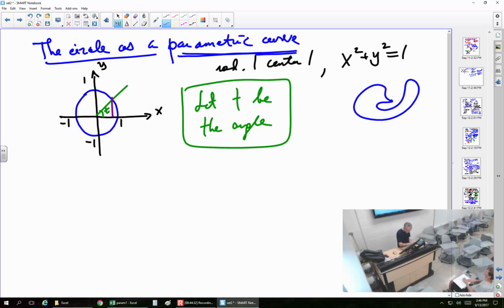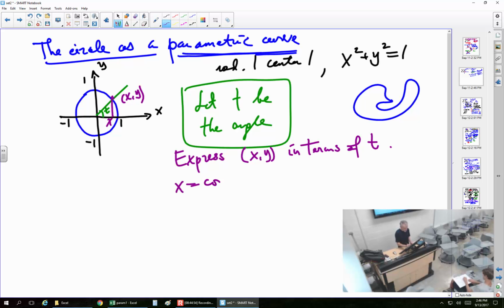We just look at the x and y coordinates of this point xy. The task we're after is to express x and y in terms of t. And that's what it is. If we go horizontally, that's x. X is equal to cosine t.